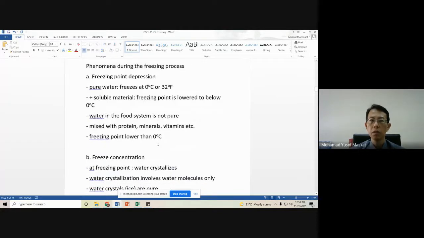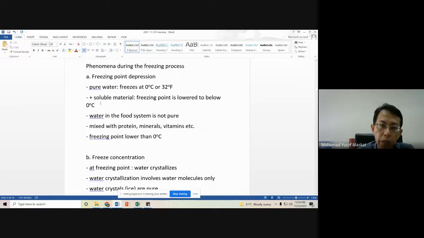During freezing, there are several phenomena that we need to understand so that we know what is happening when we preserve our products using freezing. First, freezing point depression. Pure water freezes at 0 degrees C or 32 degrees Fahrenheit.